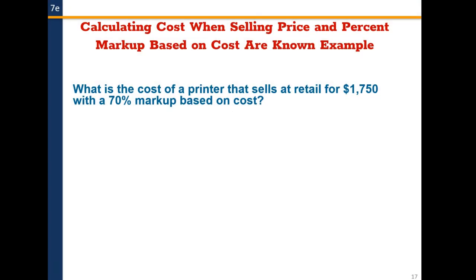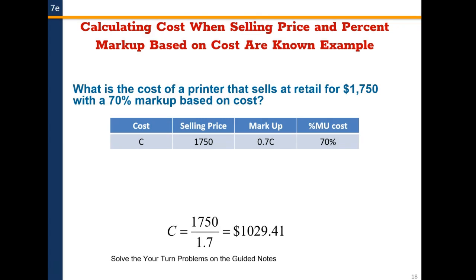Now let's take a look at what is the cost of a printer that sells at retail for $1,750 with a 70% markup based on cost. For this, we are going to use the equation cost equals the selling price divided by 100% plus the percent markup.